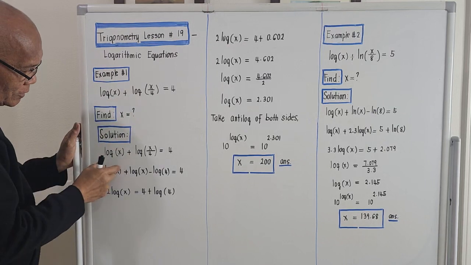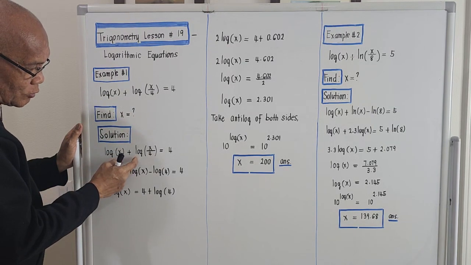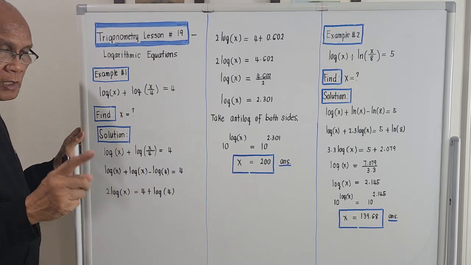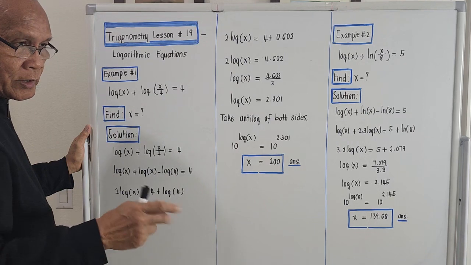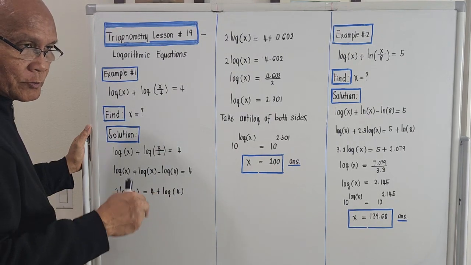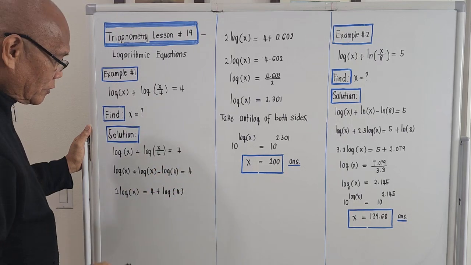I will rewrite this one. It should be the logarithm of x plus the logarithm of this ratio. I will now be using the logarithm of a quotient: the logarithm of the numerator minus the logarithm of the denominator.